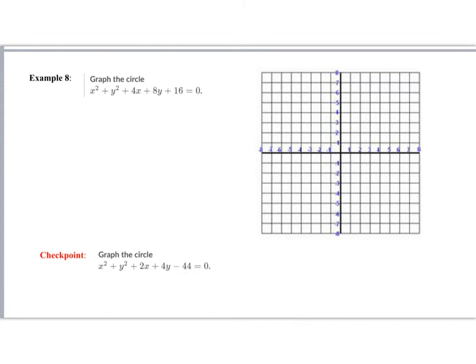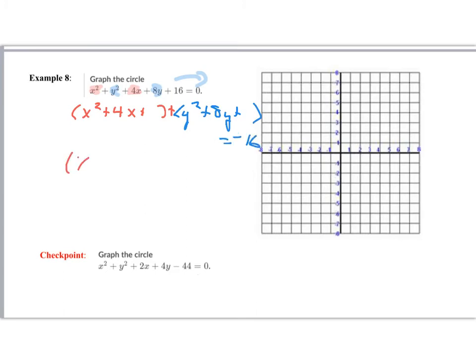We're going to continue doing the same thing. Isolate your x's, isolate your y's, and bring the 16 over here. So isolating my x's, x squared plus 4x plus something. Isolating my y's, y squared plus 8y plus something equals -16.